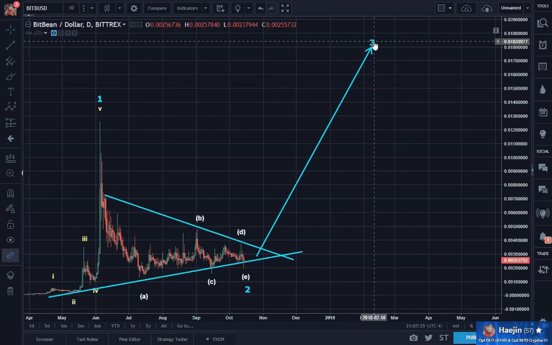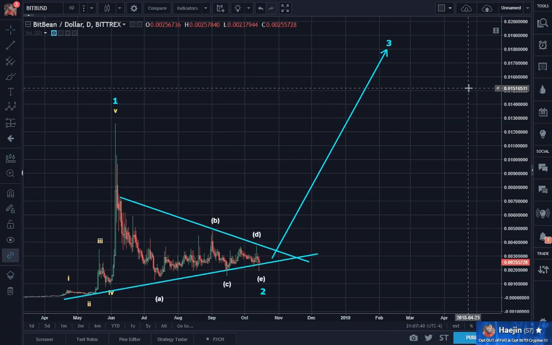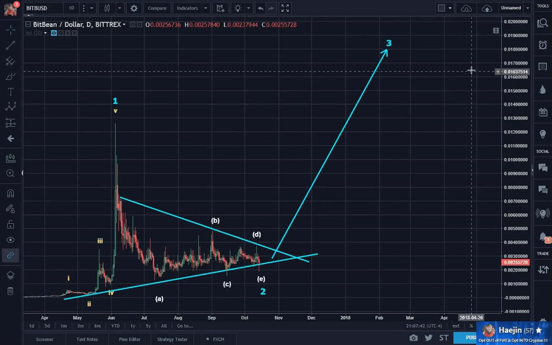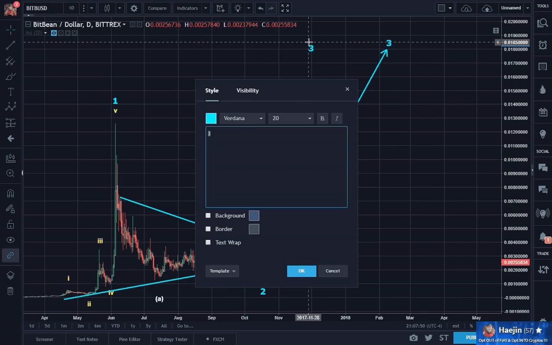Okay, so if this is wave 3, we can then say BitBean could have a target of 0.0185.